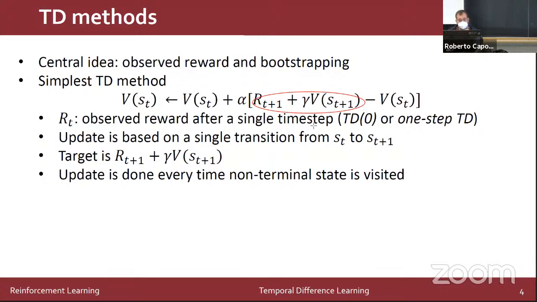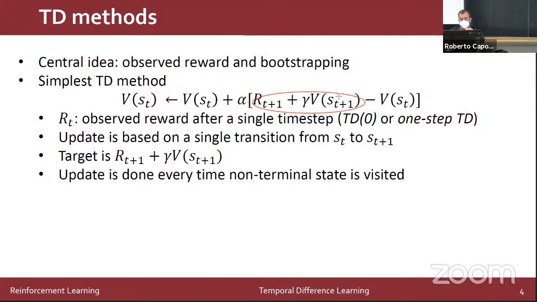This new thing is nothing else than the sum of the last reward that we get plus gamma multiplied by V for the next state. So how is this different from the Monte Carlo case?